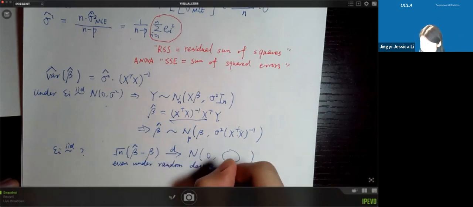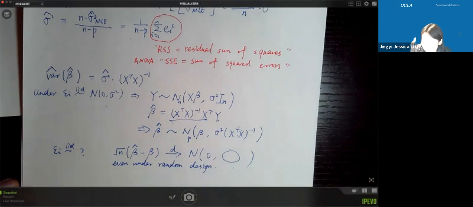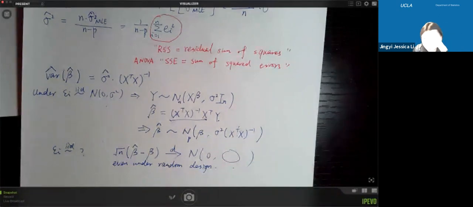But the thing is that if you're under random design, you will need to use the Slutsky theorem because you have a ratio. One term is about the beta hat and the other term is about the x. You are going to have x over there. So you will need to say, okay, this term is converging to its expectation by the law of large numbers.